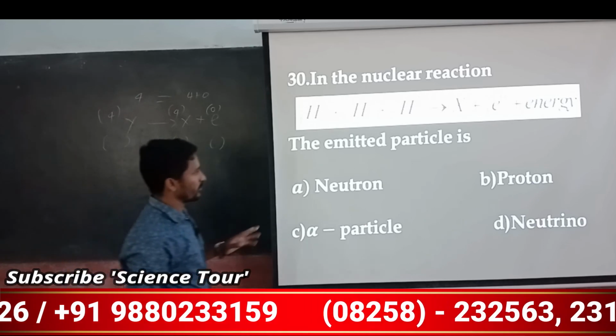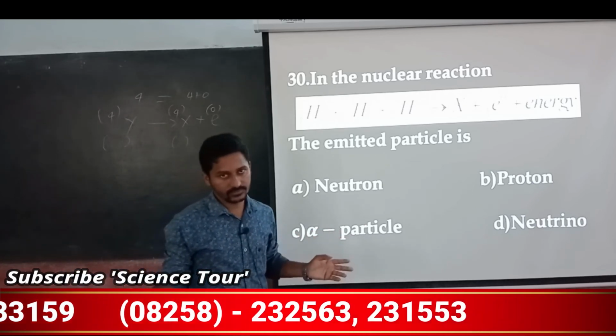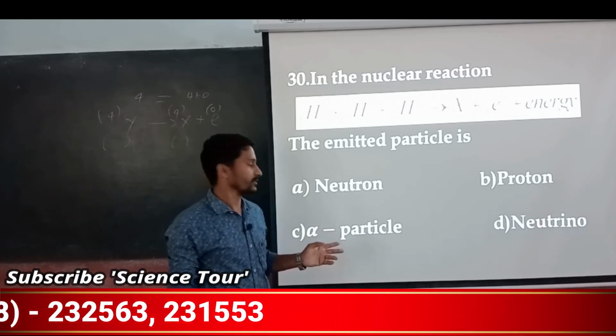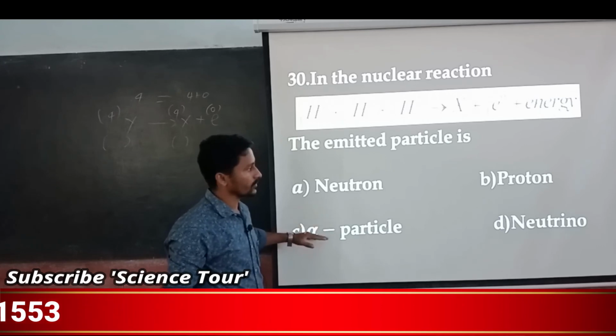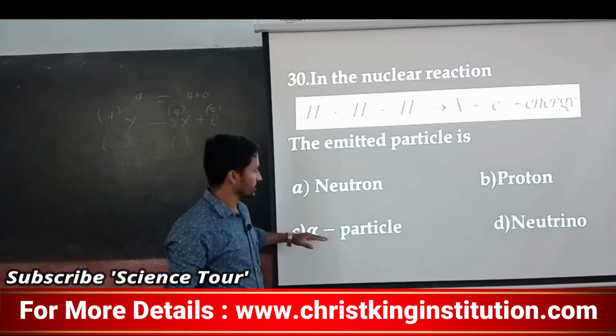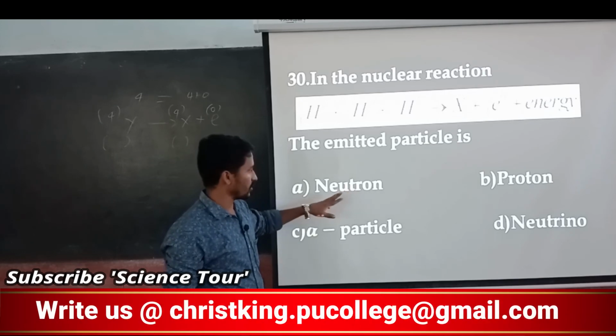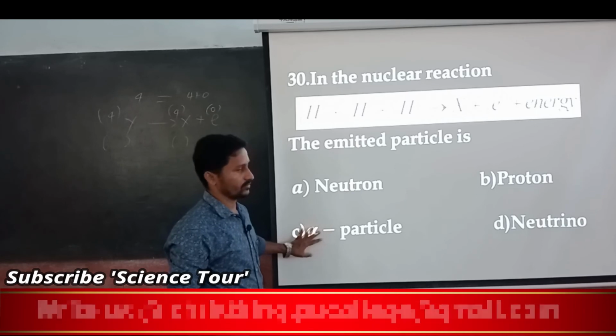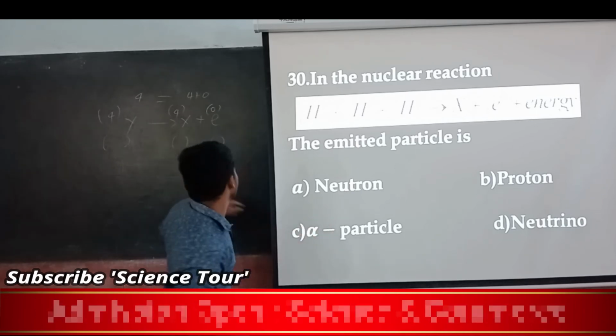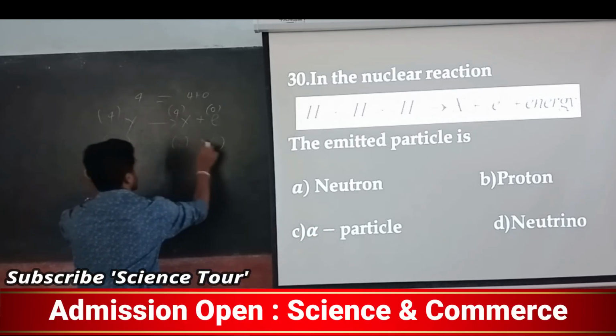Now mass number 4 means it must be an alpha particle. Let us see if other particles have mass number 4. Neutrino is not, proton is not, neutron is not, so directly you can write it down. But if you want confirmation, we will check the atomic number also.